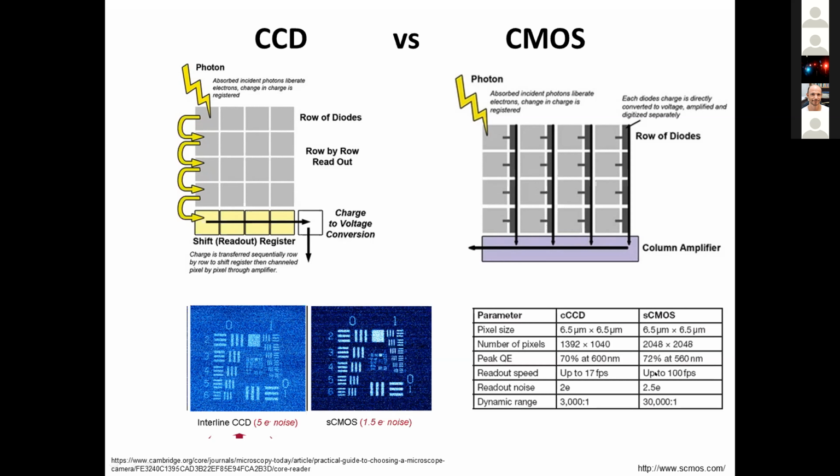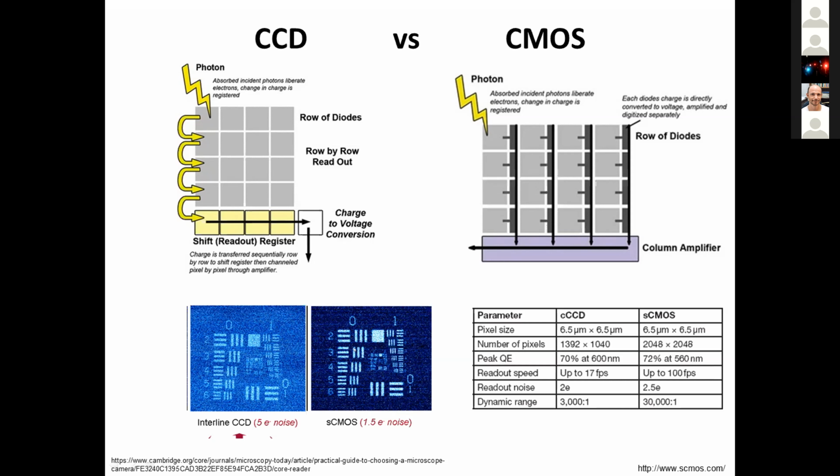You can see in the table that with a regular CCD you can go to 17 frames per second, and with any of the scientific CMOS, you can go up to 100 frames per second without any problem. In terms of noise, these two are kind of similar.